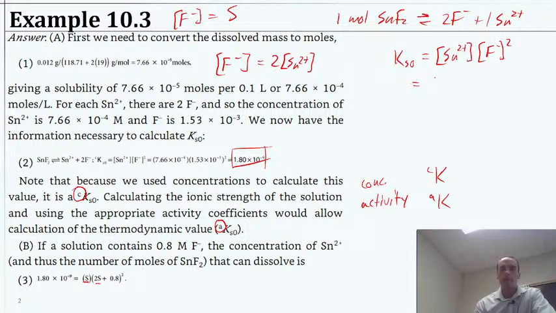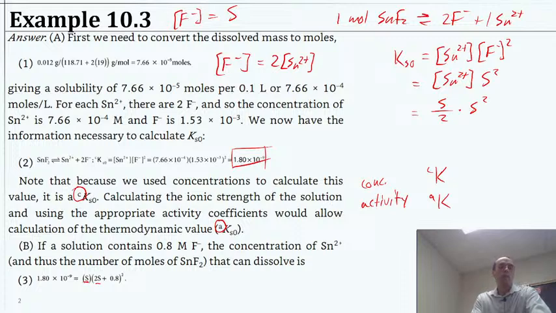So we could say this would be Sn2 plus times S squared. We could also then substitute and say this is going to be S divided by 2, times S squared. Did I do that right?